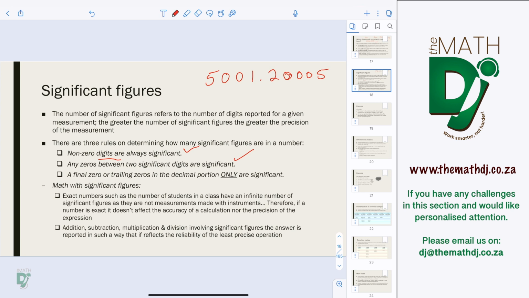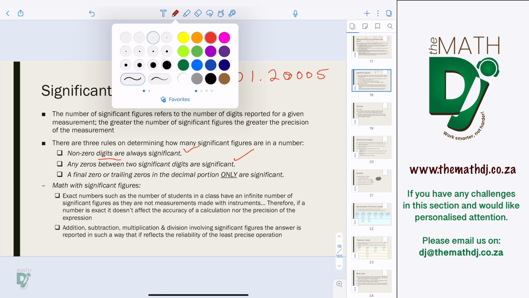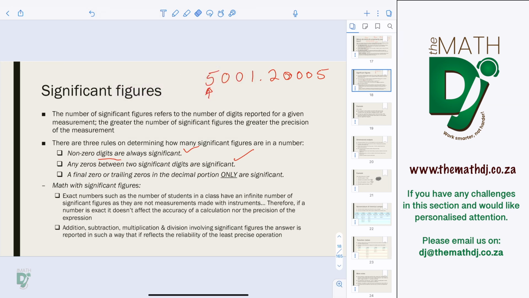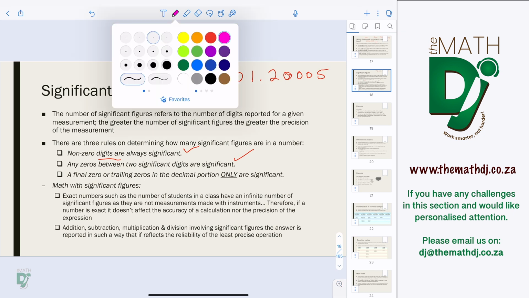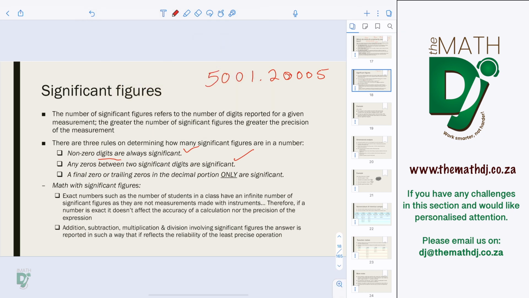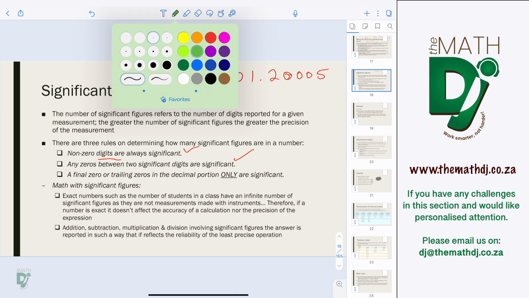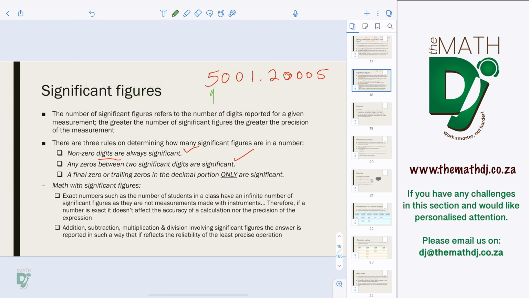So here is a non-zero. So these 2 are significant. And any zeros between two significant digits are significant, which means these two zeros are significant because they are acting as placeholders.